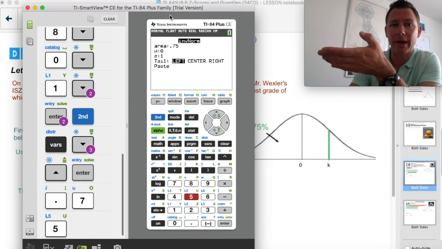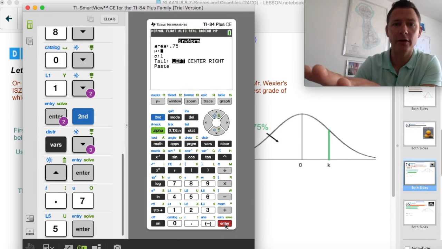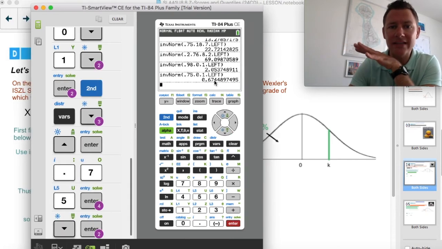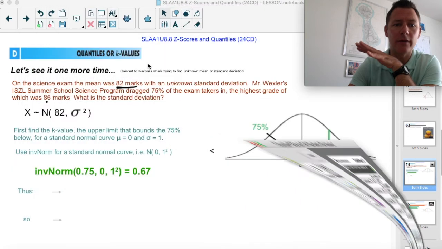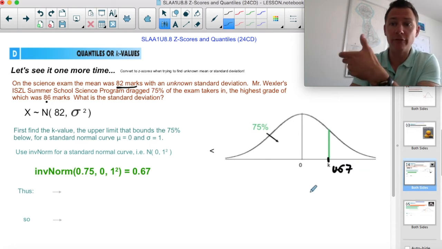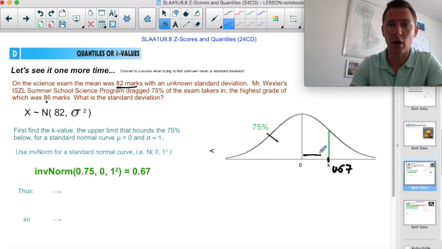So we have to kind of work backwards and say, okay, in a regular standard normal curve, what does it look like? 0.67 is where the cutoff is. So in this one, this spot is 0.67, which means that it's 0.67 of a full standard deviation above the mean.